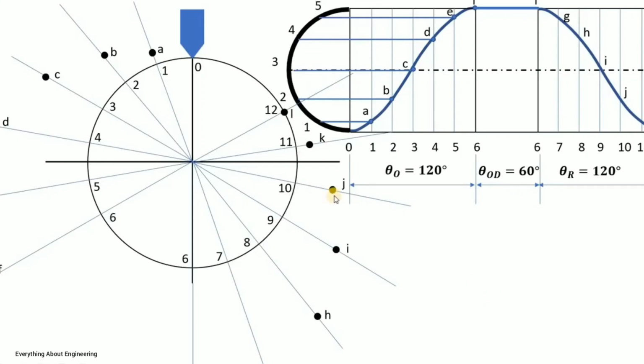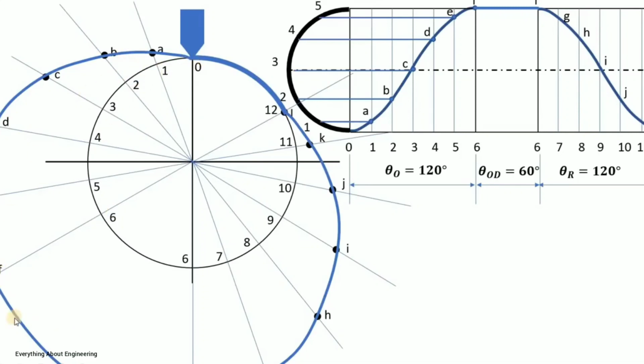We have to draw a smooth curve passing through these points, and that will be our cam profile. As you can see over here, this is the cam profile that we have drawn. This is the dwell period. So from 0 to 6, it is the outstroke.